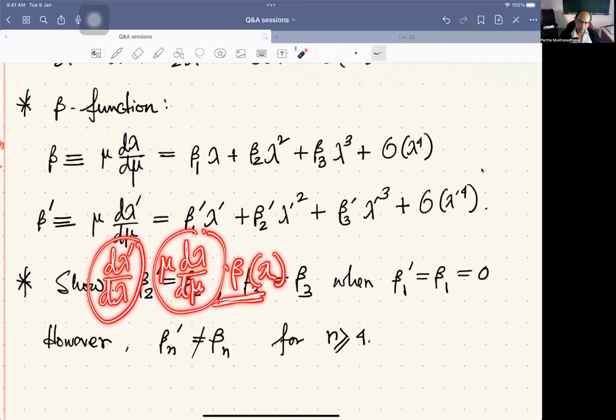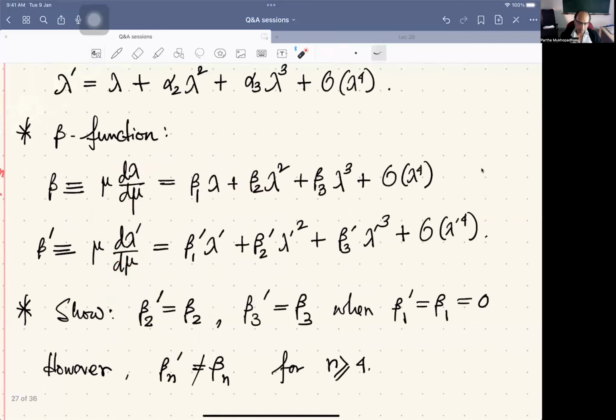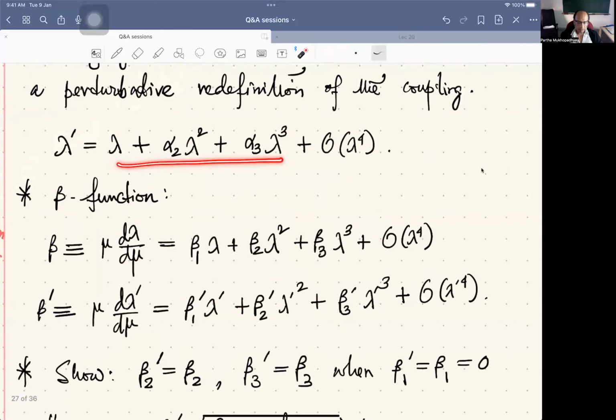Beta of lambda is given in terms of lambda, where only beta I parameters appear, and d lambda prime d lambda can be written in terms of lambda, where only alpha parameters appear.